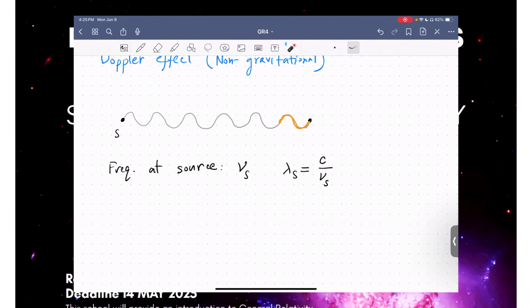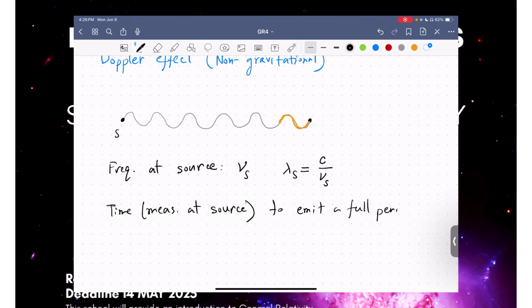Now suppose the source is measuring the time it takes for it to emit a full period of oscillation. So what is the time? The time measured at source to emit a full period, let's call it delta S, is simply the inverse of the frequency.